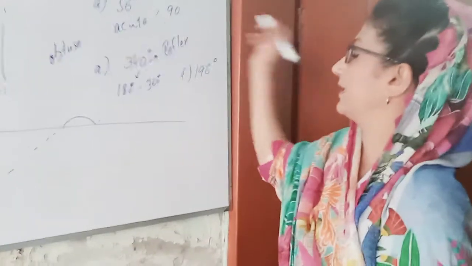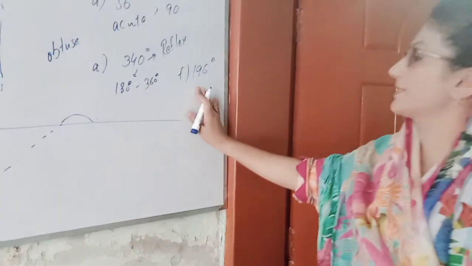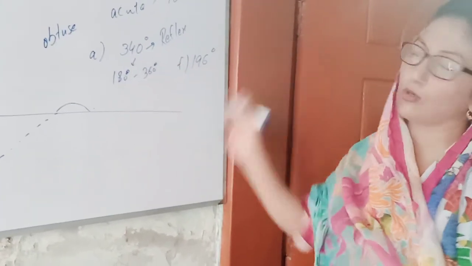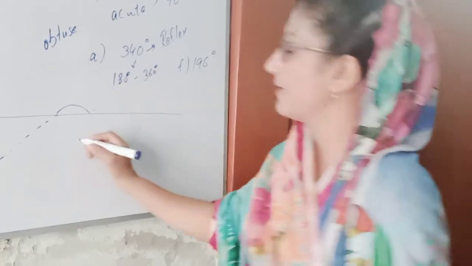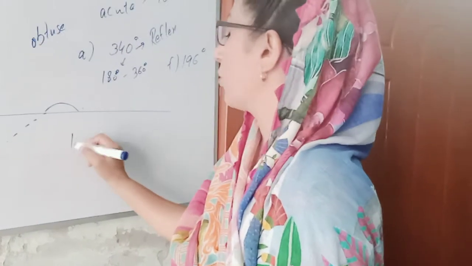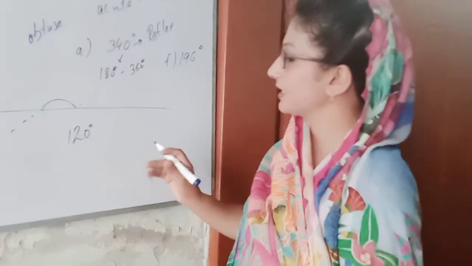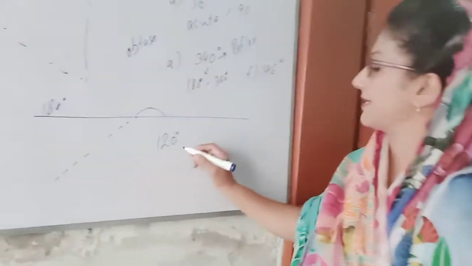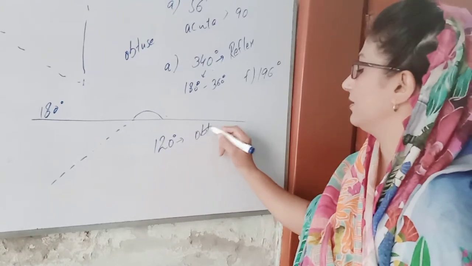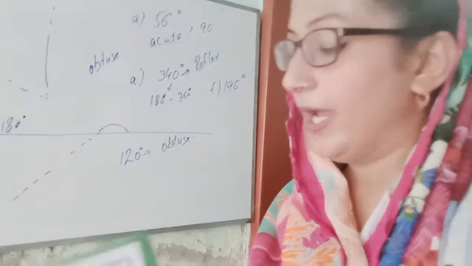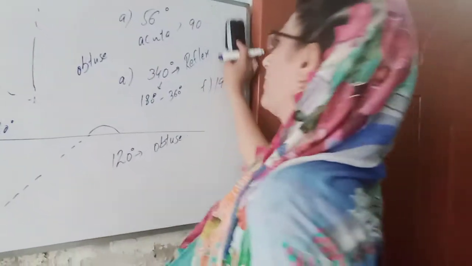And if your angle is again greater than 180 degrees and less than 360 degrees, this is also called a reflex angle. For example, if you have an angle of 120 degrees, this is greater than 90 degrees but less than 180 degrees, so it is called an obtuse angle. Same like this you will practice exercise number 1.